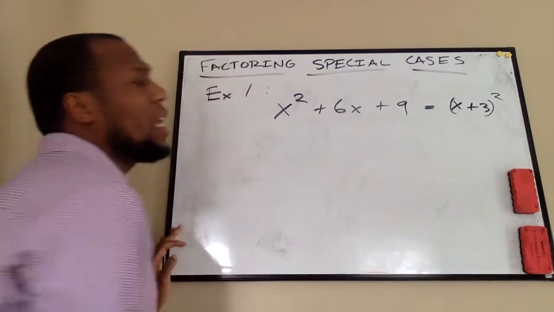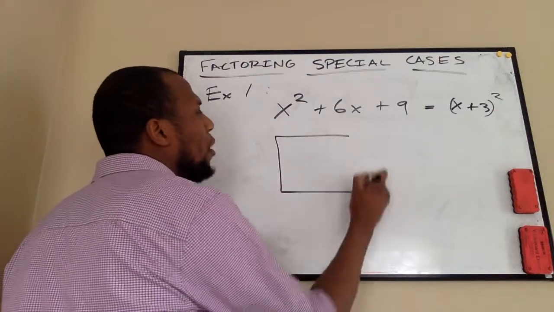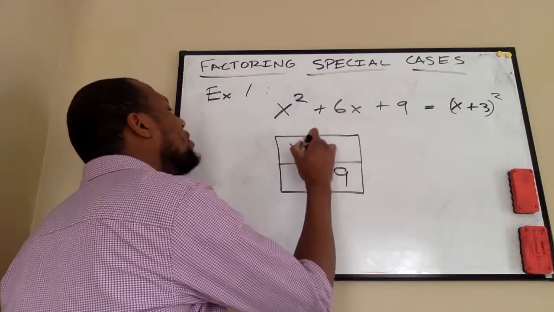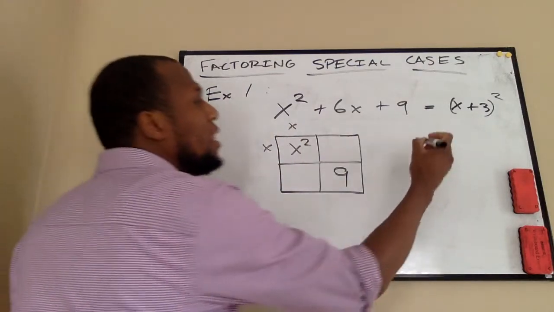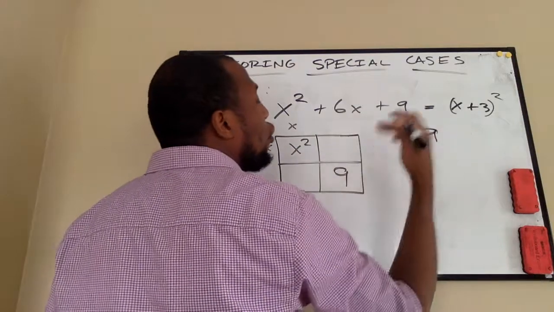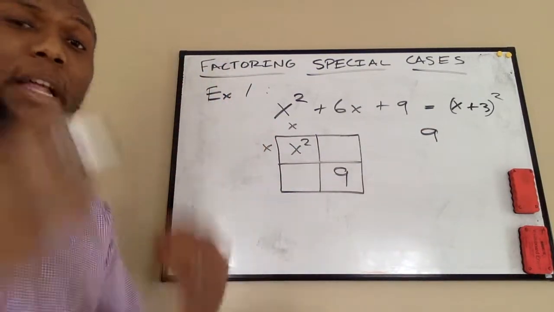If you don't notice that pattern quickly, then that's okay. We'll draw our box for organization. Toss the 9 there, toss the x squared there. We know x and x is going to give us x squared. And then we are looking for, in this case, it has to be the same number.